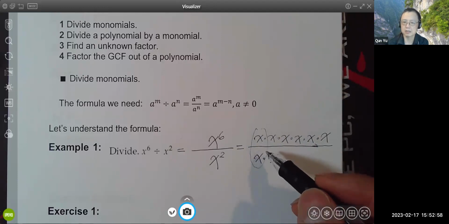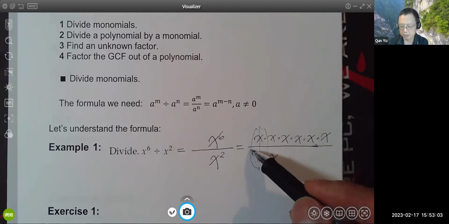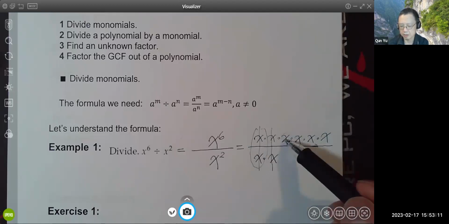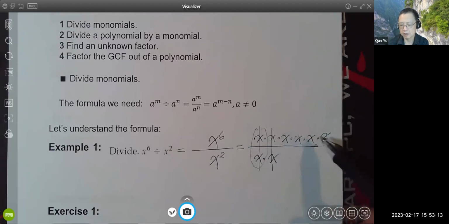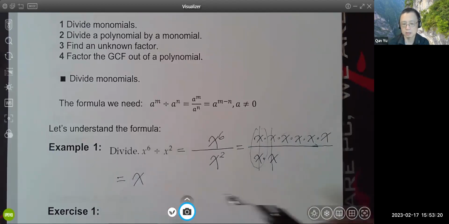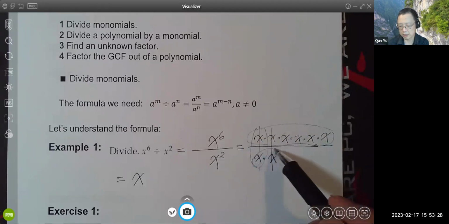We know anything divided by itself is 1. That's why this cancels. Imagine there's 1 here. These 2 cancel. Now no more x on the bottom, so no more x can be canceled on the top. So we have 4 x's left. These 4 x's times 1 is still 4 x's. So in the end, we have x to the 4th power. And that's the answer. But how do we get these 4 x's? Initially, we have 6. 2 of them get canceled.